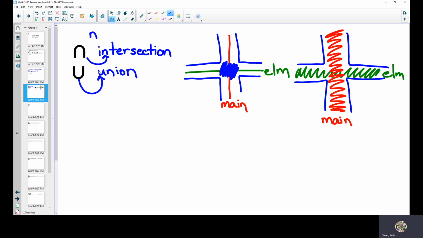So when I look at it, it would be all of this area and all of this area joined together. So this is the union, and this is the intersection.